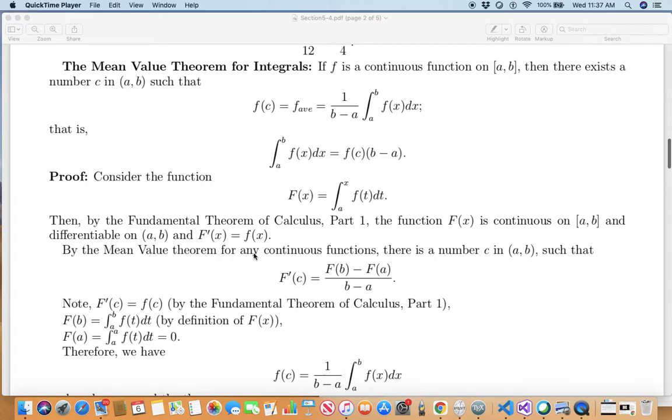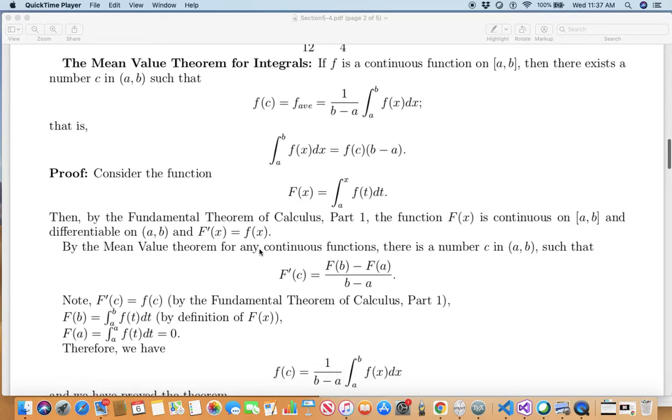All right. So, what else do we know? Well, capital F is continuous, right? So, use the mean value theorem. What does it say? For any function continuous on a closed interval [a, b], there is a number c in the open interval (a, b) such that the derivative is the slope of the secant line joining the endpoints.